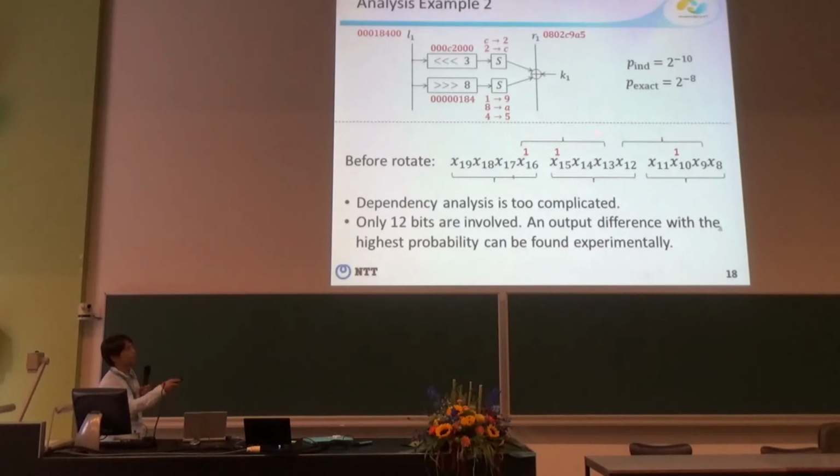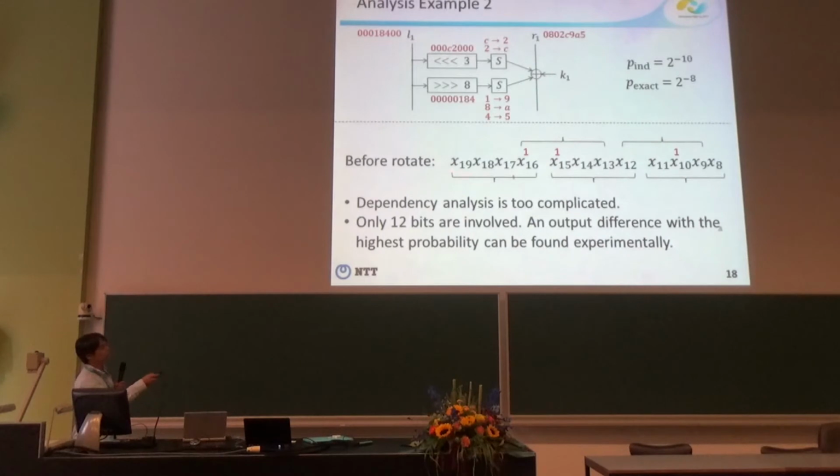But then actually this occurs with 2 to the minus 8, so we can save 1 active S-box. I can do the same analysis here, but the dependency is a bit complicated because 5 active S-boxes are involved. And to check the exact probability, I just checked it experimentally.